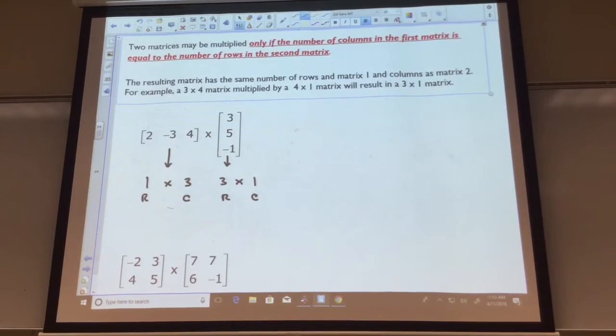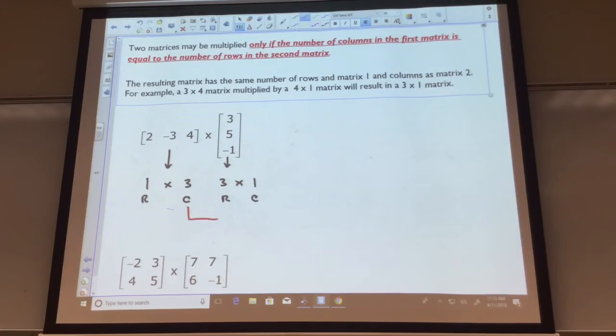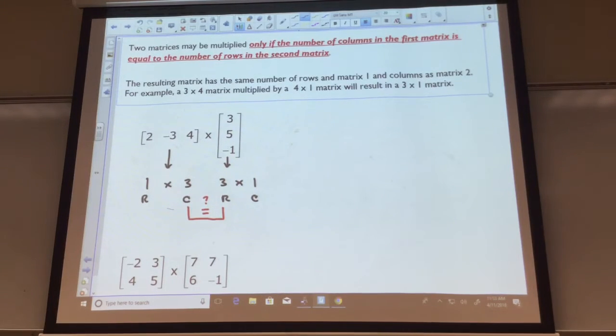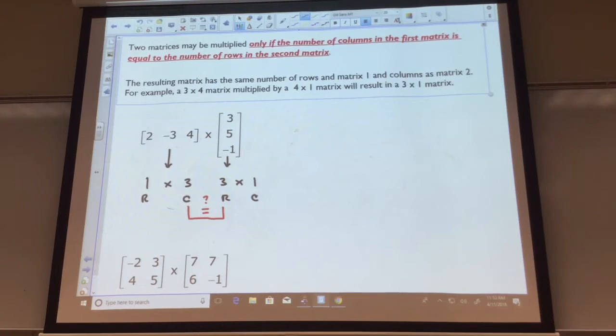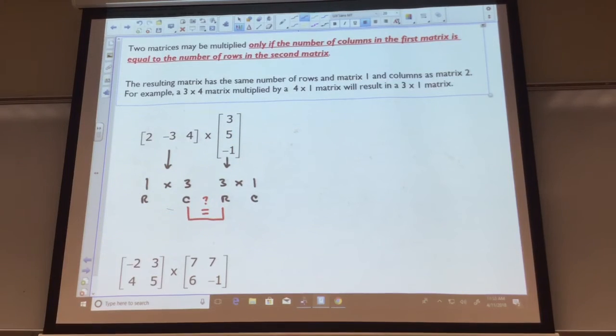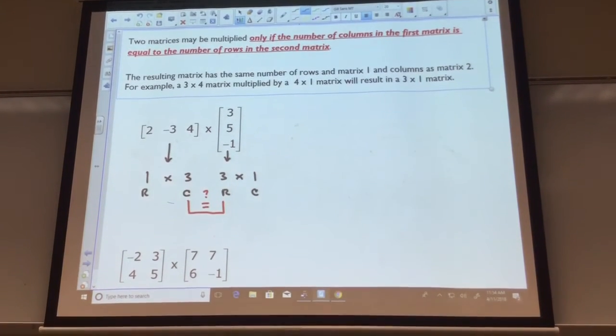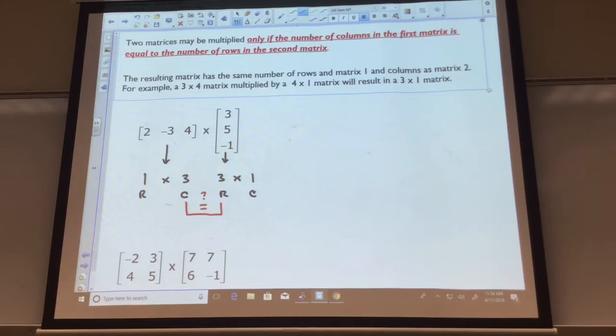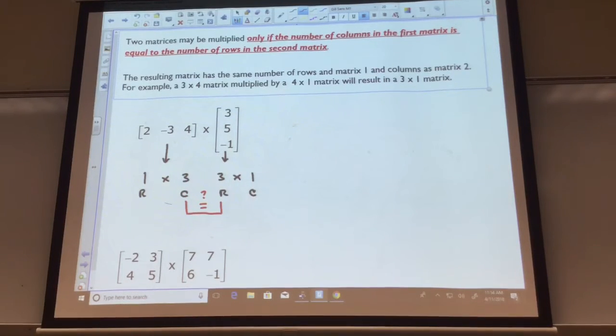The first thing you look at is this. If those two values adjacent to one another are not equal, then the operation of multiplication is not defined. You can't do it. Not even God is that good. Actually, he's probably better. He could probably do it. He'd find a way to do it, okay? It's not a defined operation in our number set. So that's the first thing you look for.